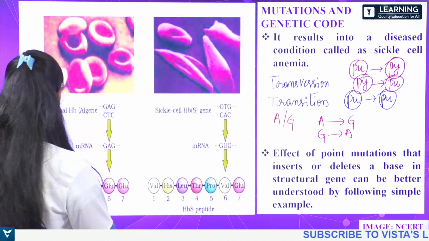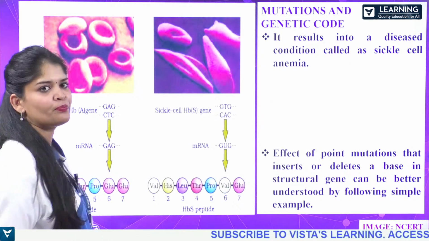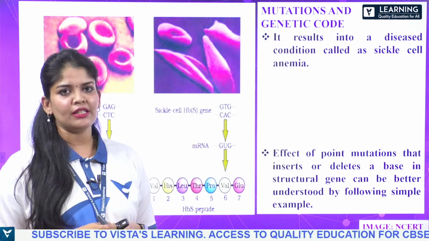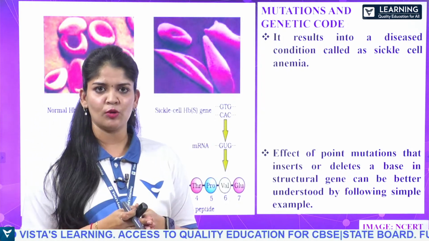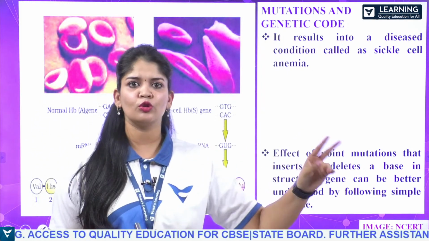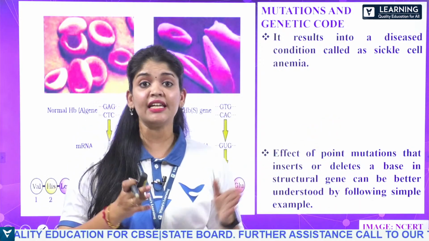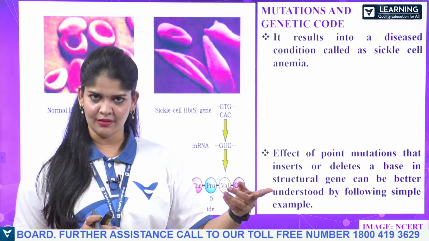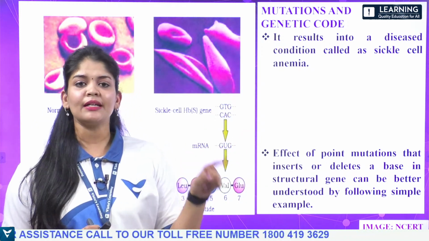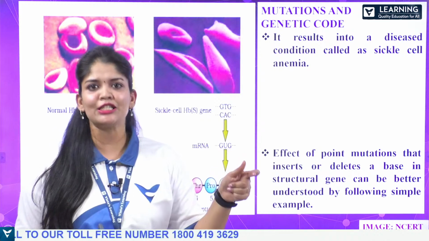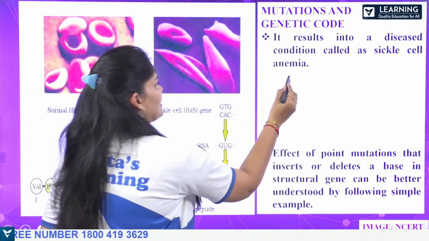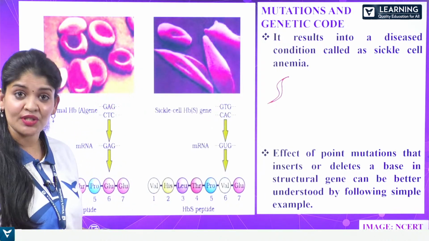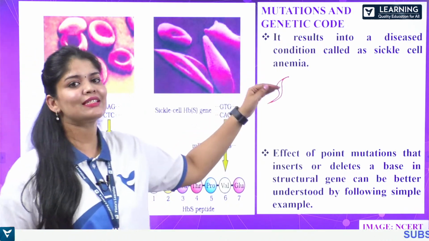Now, let's come back to our classic example of point mutation, sickle cell anemia. By this time, we know that the structure of hemoglobin is composed of 2 alpha globin chains and 2 beta globin chains. In sickle cell anemia patients, we have a modified hemoglobin, and the RBC, the erythrocyte, changes into a sickle shape.